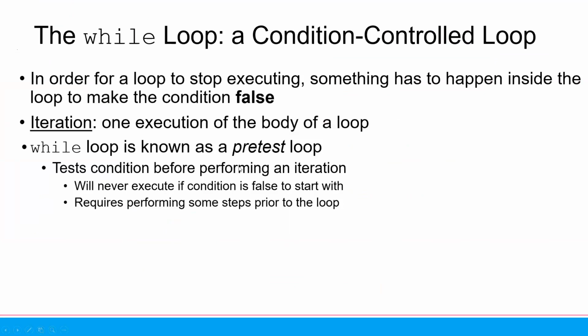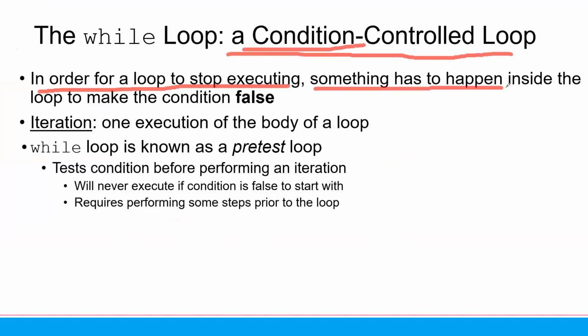So when we do the while loop, we call this a condition-controlled loop. There is a condition. In order for a loop to stop executing, something has to happen inside the loop to make the condition false.